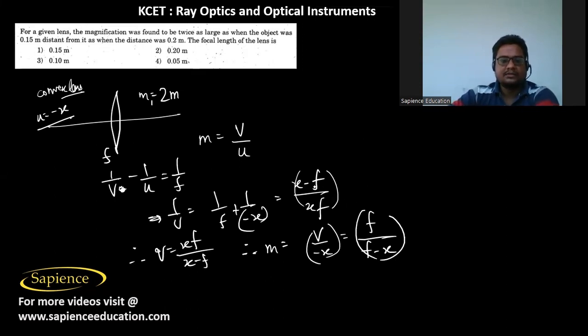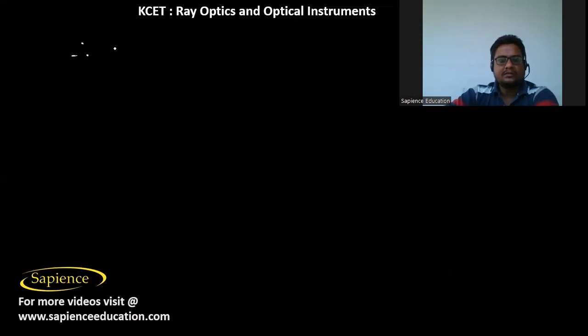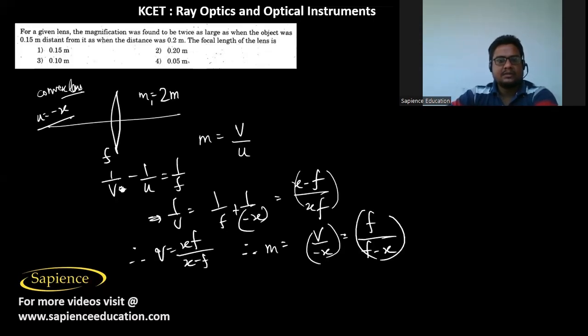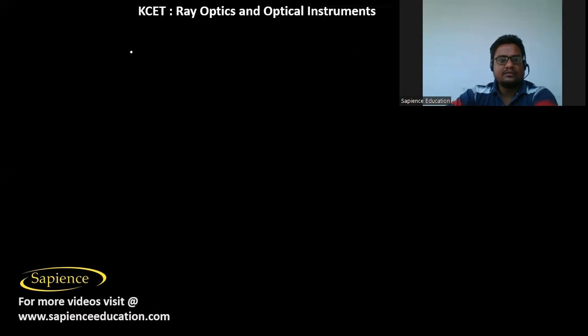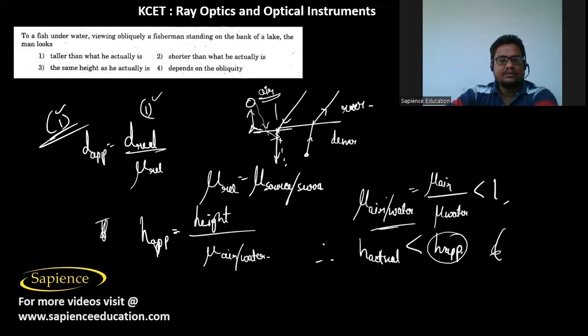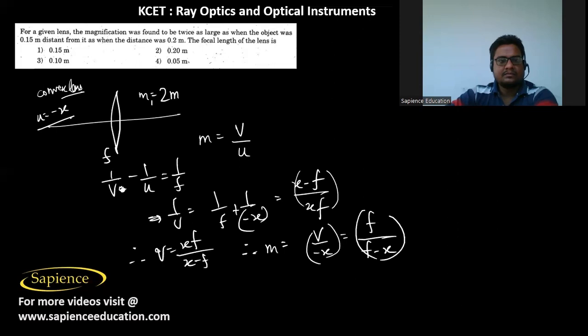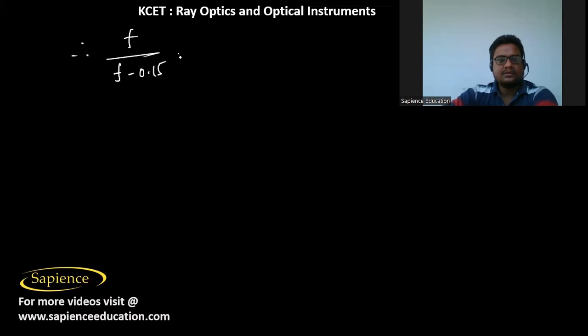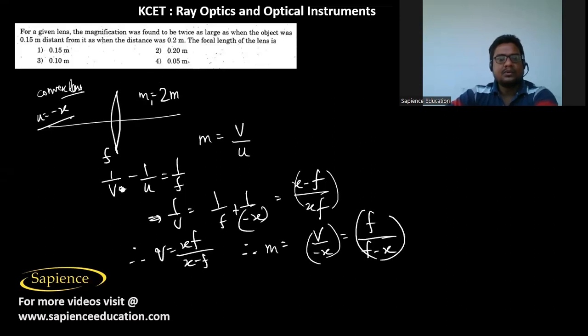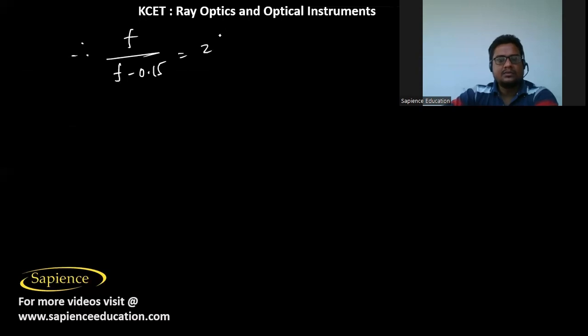Here it is told that when the focal length is 0.15 meter, F by F minus 0.15 is equal to twice of F by F minus 0.2.